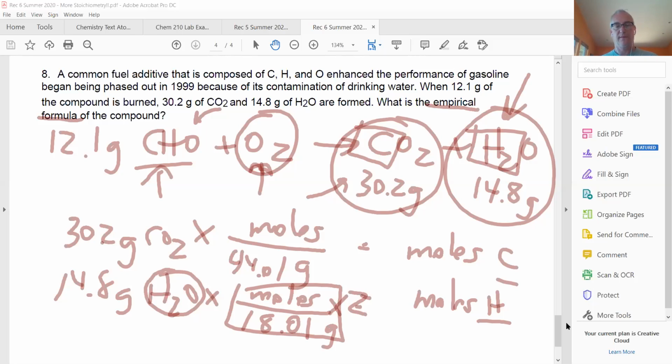So we divide by 2? Multiply by 2. There's two moles of hydrogen atoms in every mole of water. This expression calculates moles of water, the one on the bottom. It gives me moles of water. For every mole of water, I'll get 2 moles of hydrogen atoms.